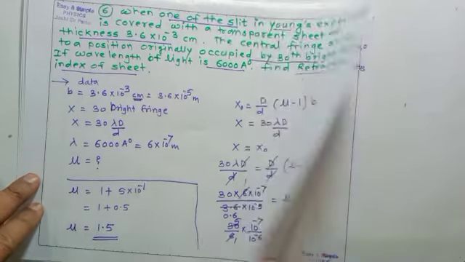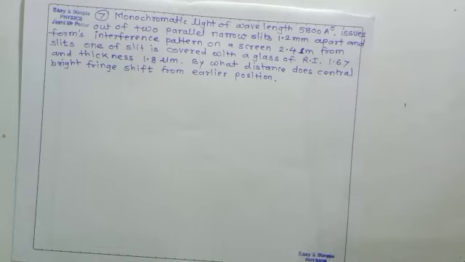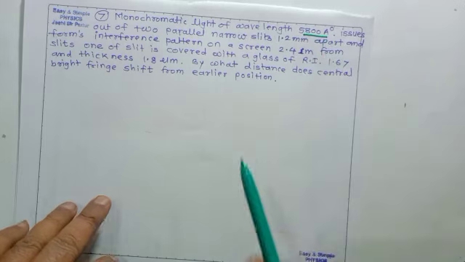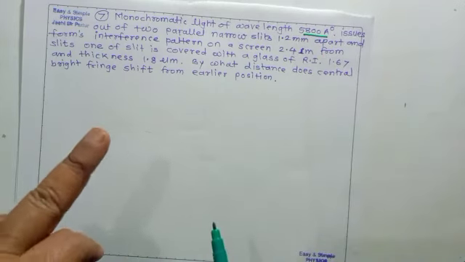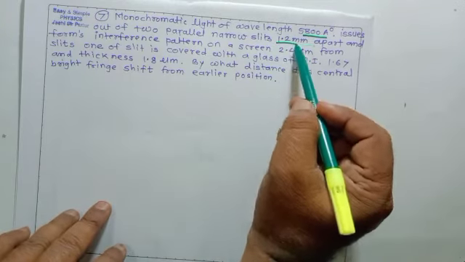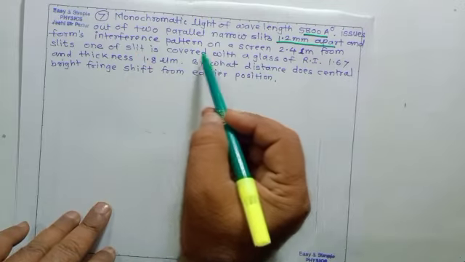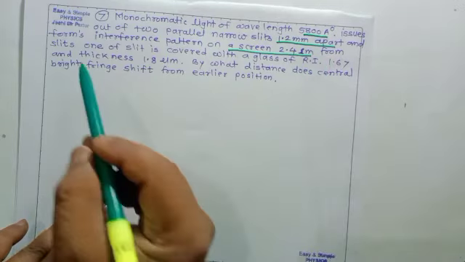Again, let us solve another example. In this example, monochromatic light of wavelength 5800 angstrom issues out of two parallel narrow slits 1.2 millimeter apart and forms an interference pattern on a screen 2.4 meter from the slits.